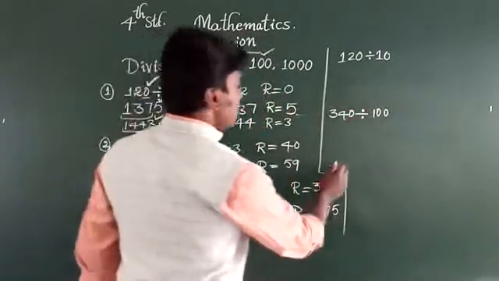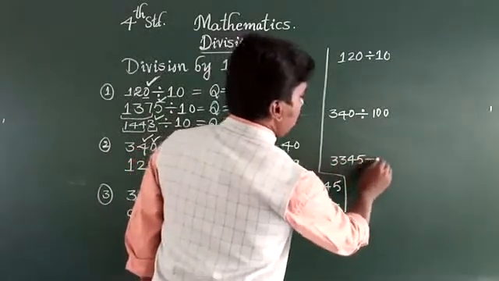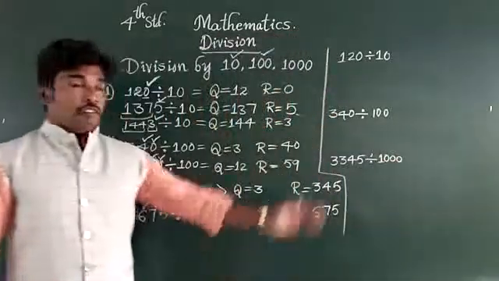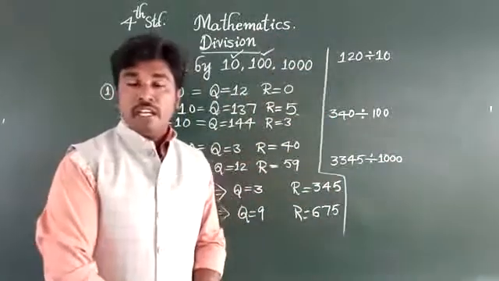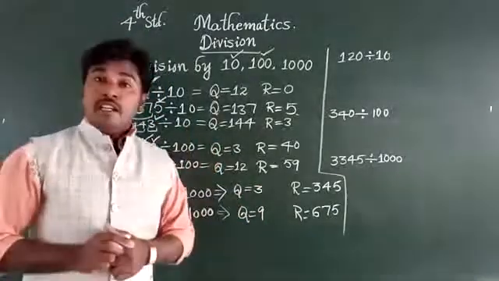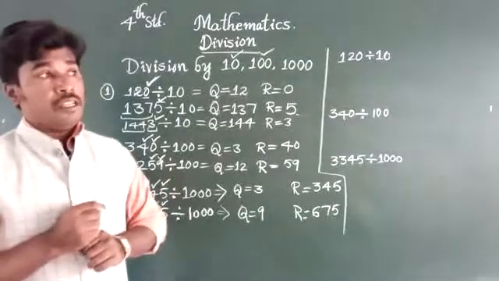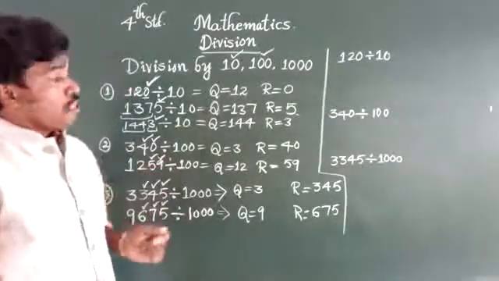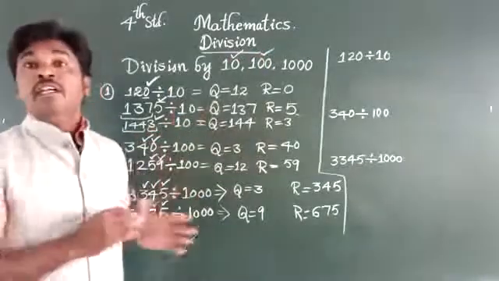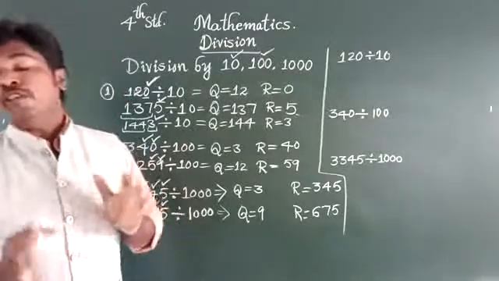The third one is 3345 divided by 1000. So I have taken 3 problems. You just check whether the answer is right or wrong. It's also very important. How to tell? By doing the division problem by the usual regular method, then you can understand.